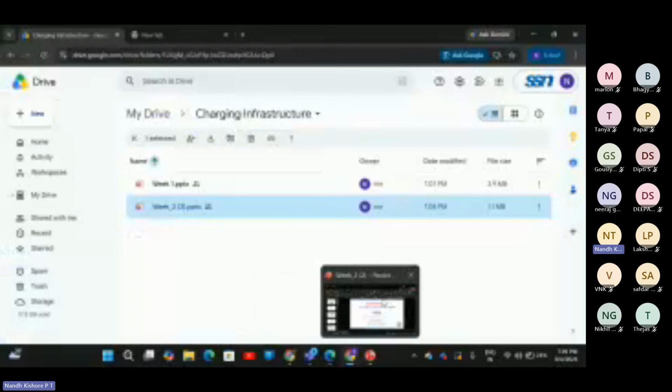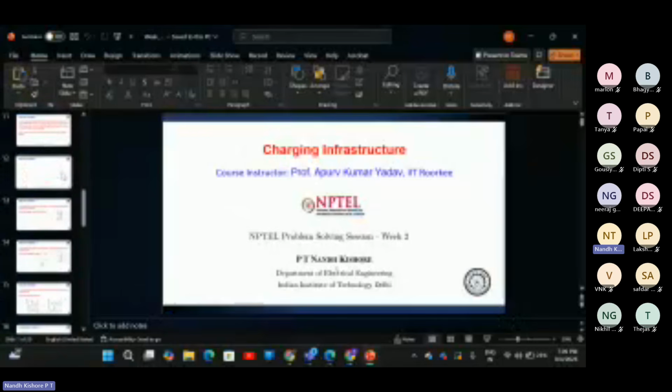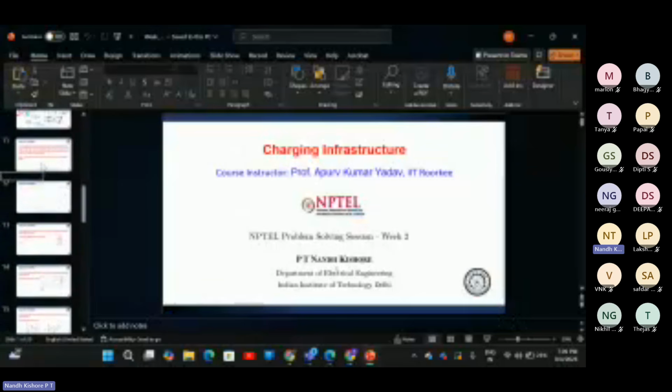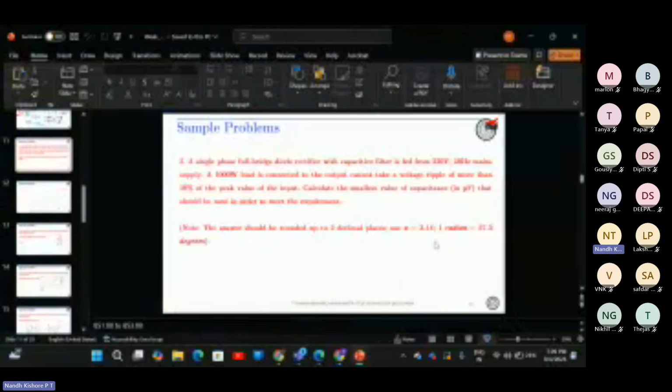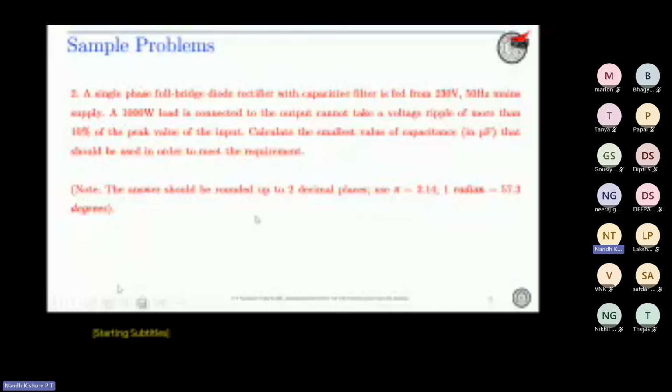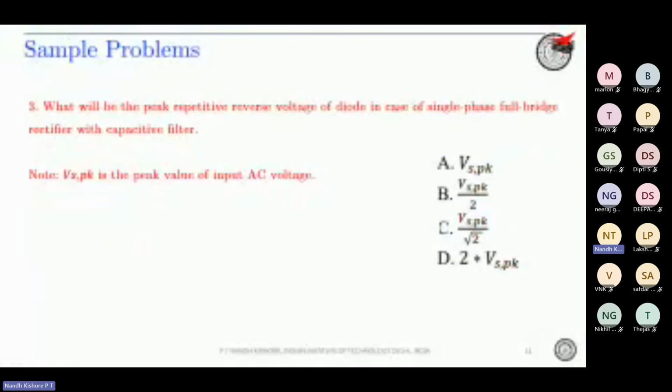Anyway, I will solve the numerical problems, but since you're all online, we will just discuss. You can also open the slides on your respective computers. We will discuss the problems which are not numerical, and the numerical ones I will solve and then re-upload. Or you can also solve it by yourself, but anyway, I will solve it and re-upload. Okay, sure.